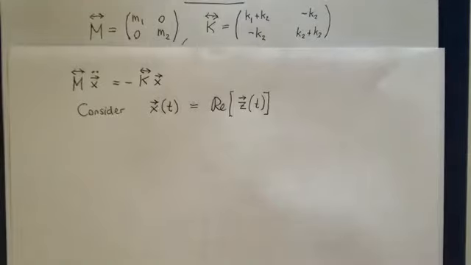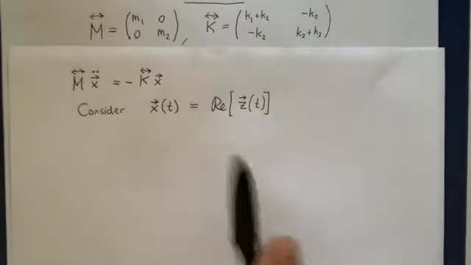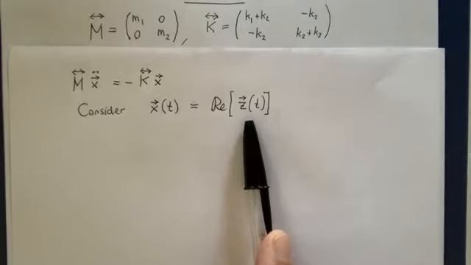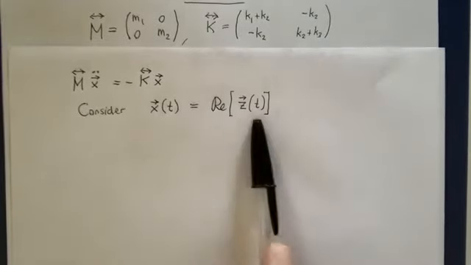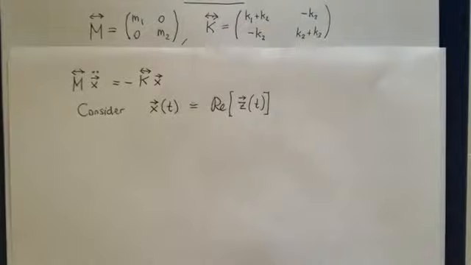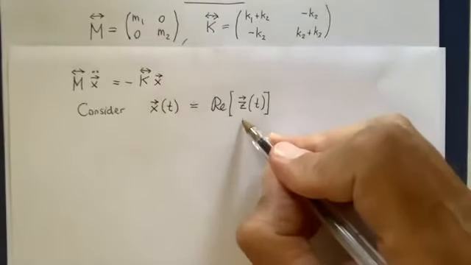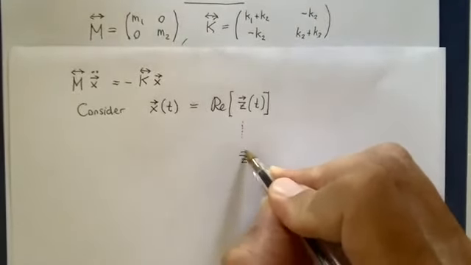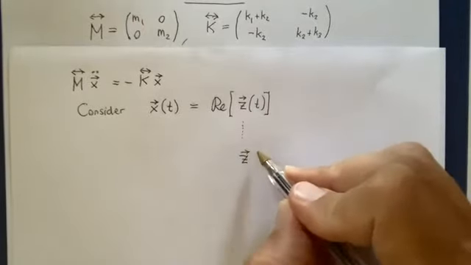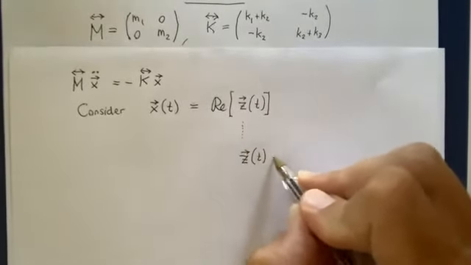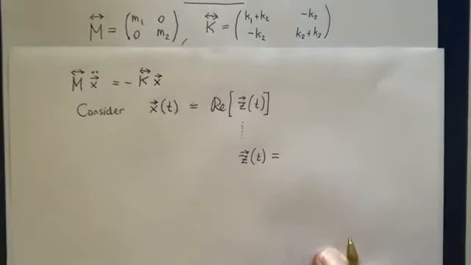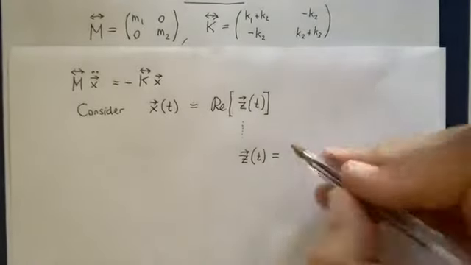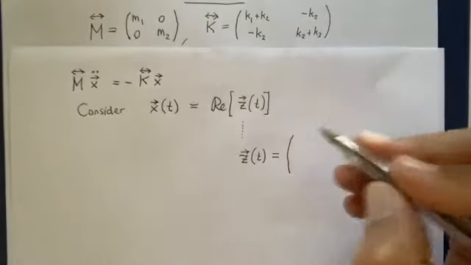So we're going to investigate the possibility of complex solutions, right? And this complex solution will have the following structure. Okay. We're going to see, can we find solutions that look like this?